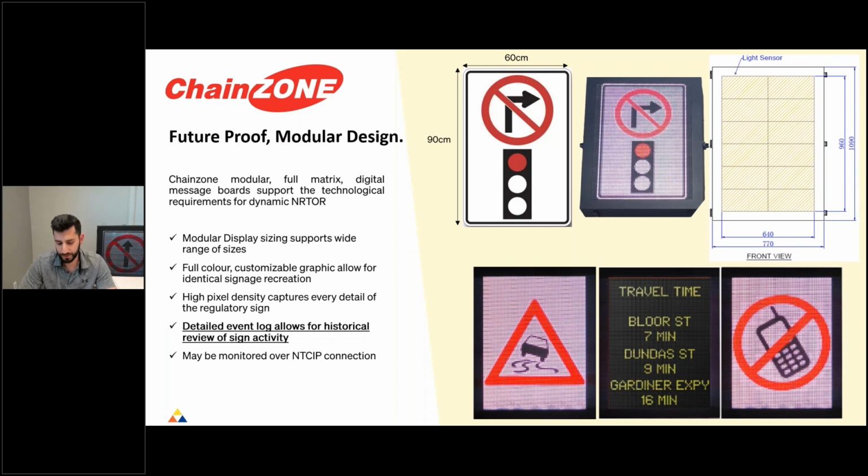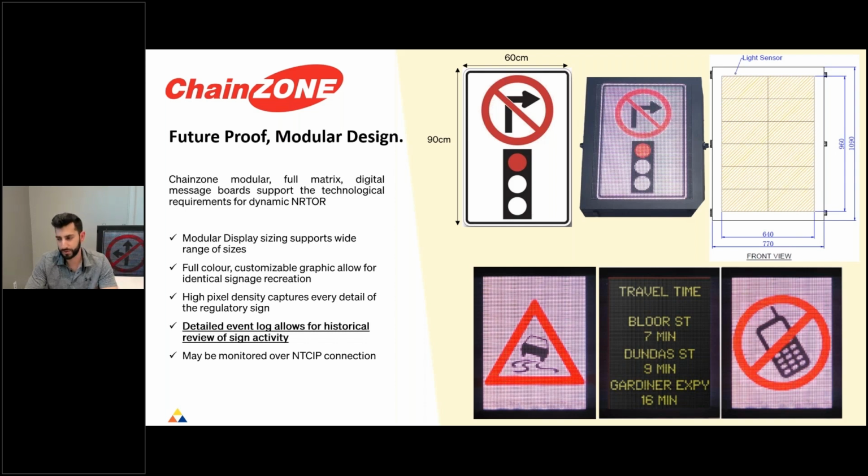One of the ways is through our detailed event log, which allows for a historical review of sign activity. So if you have this sign connected to your network, we can configure an alert to tell you when the sign is down. And we can look at a log, which will show you when it was active and when it was not active.